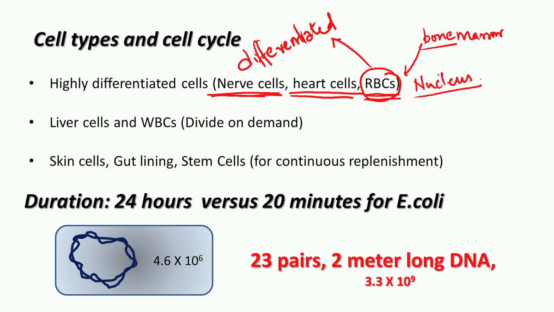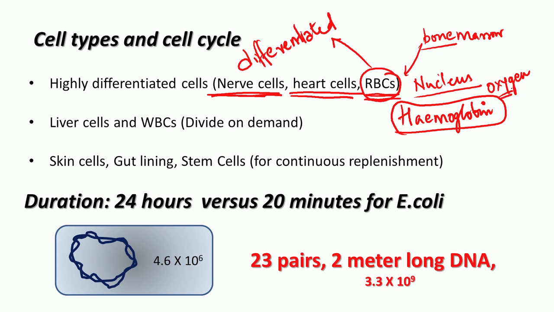That makes sense because the primary function of the red blood cells is to carry hemoglobin. Hemoglobin is the main pigment which absorbs and carries oxygen in our blood, and that is its sole purpose. So, if it wants to accommodate more and more hemoglobin, it has to get rid of the nucleus. So, upon differentiation, the RBCs do not have a nucleus, and as a result they do not undergo cell division once they have differentiated.